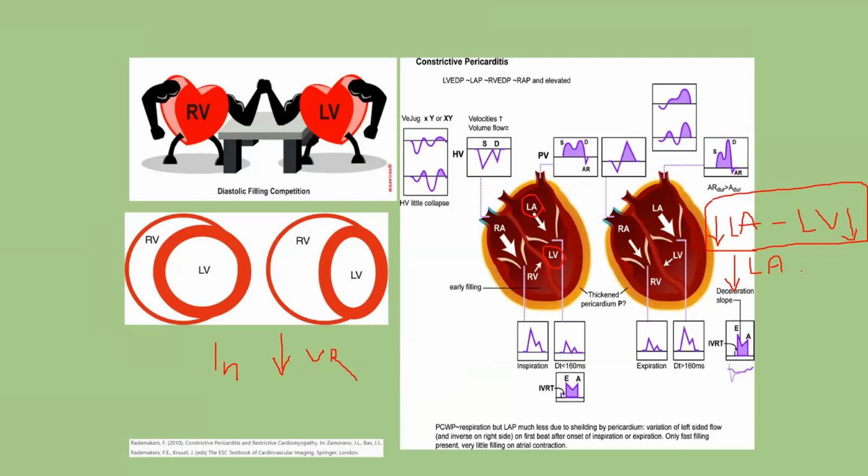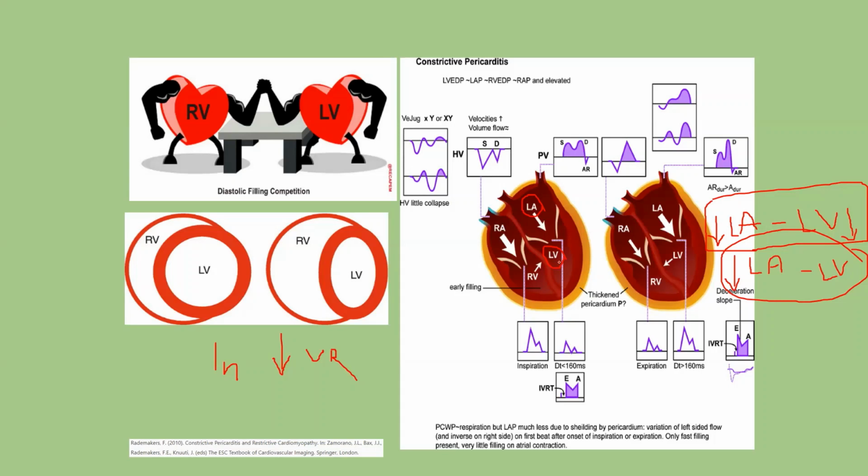So the gradient is decreased, and this makes the flow of blood from the LA to LV during inspiration less than during expiration. So there are two factors why the blood flow into the LV during inspiration is lesser than during expiration.